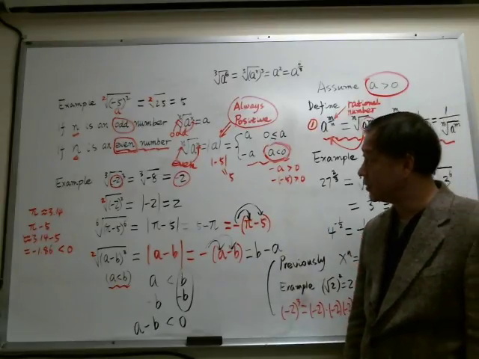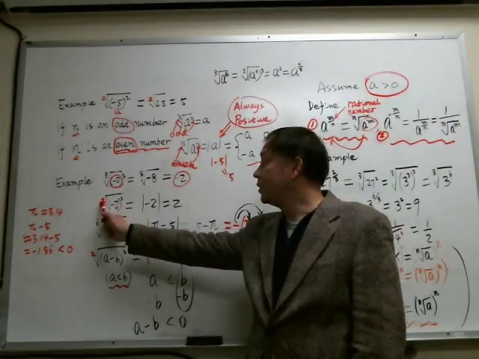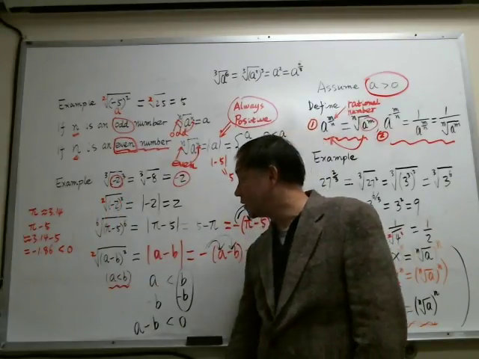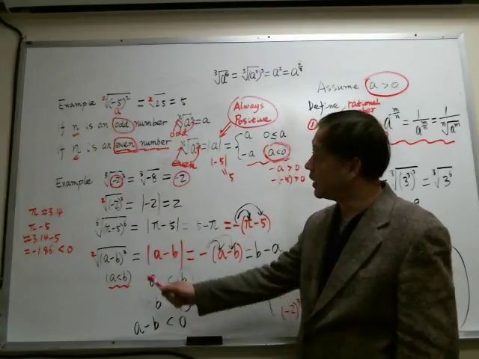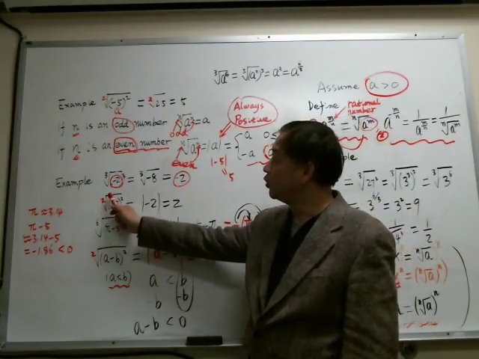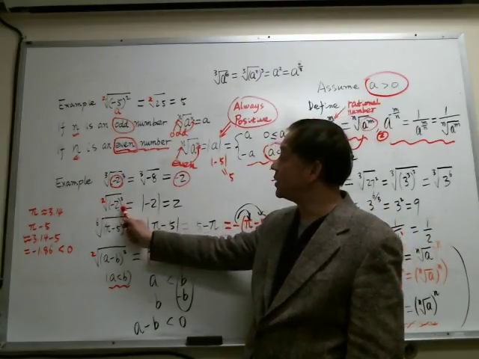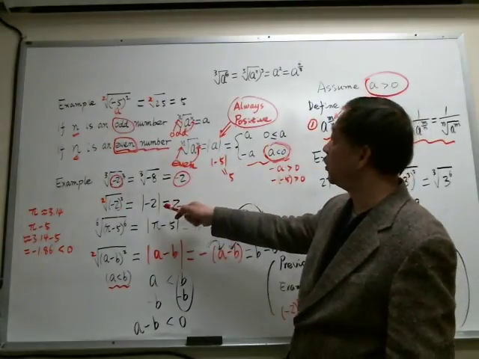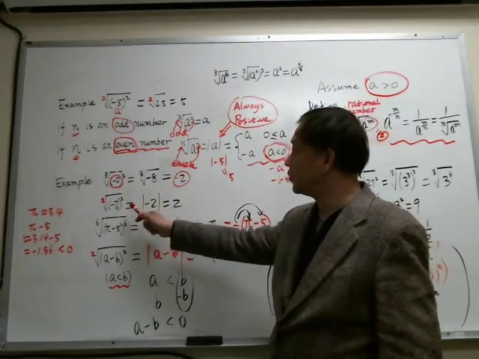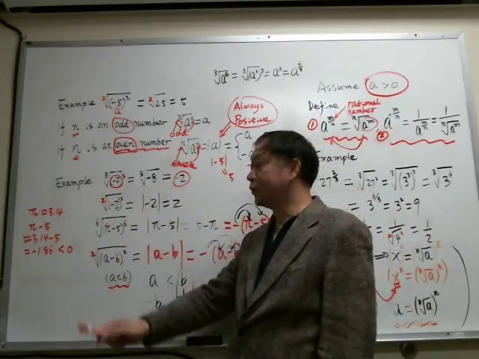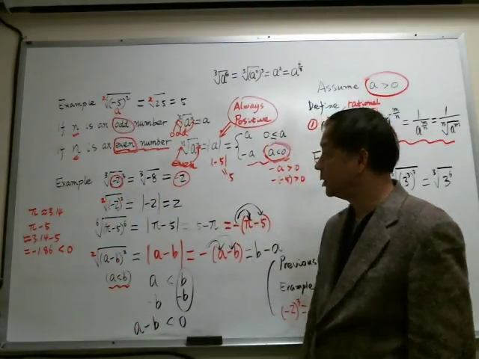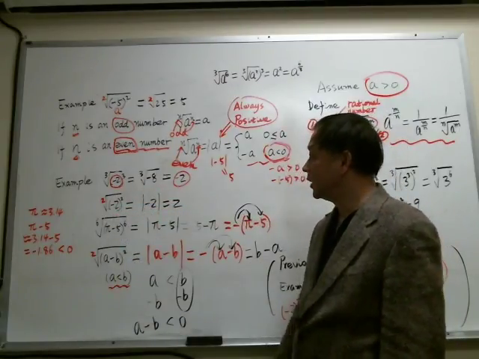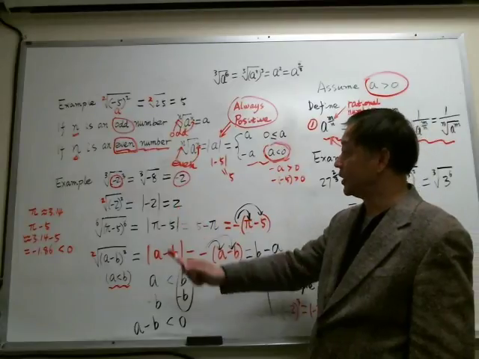All right. Now, here, radical negative 2 squared. Based on the formula right here, you always get positive because those two are even numbers. Then you choose the absolute value of negative 2, you should have a positive 2.